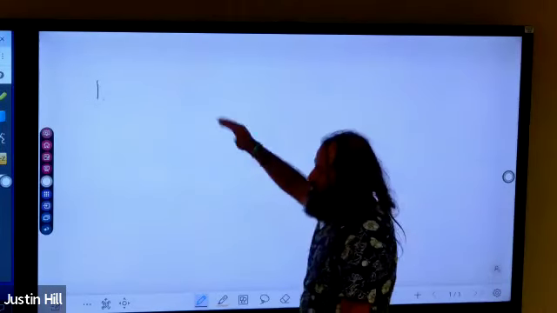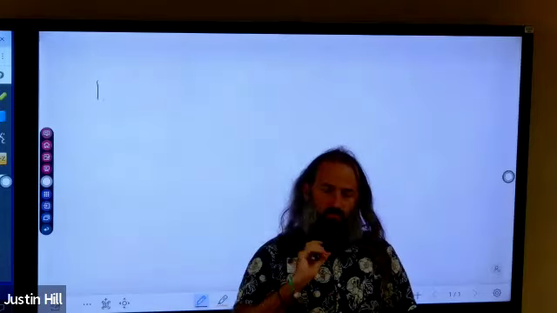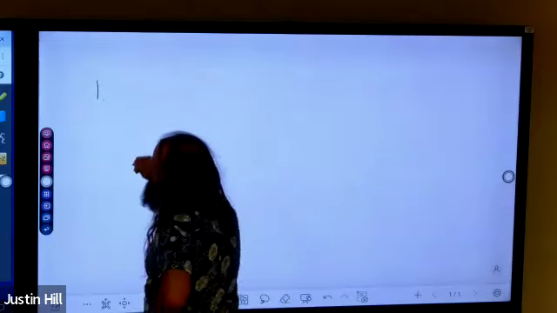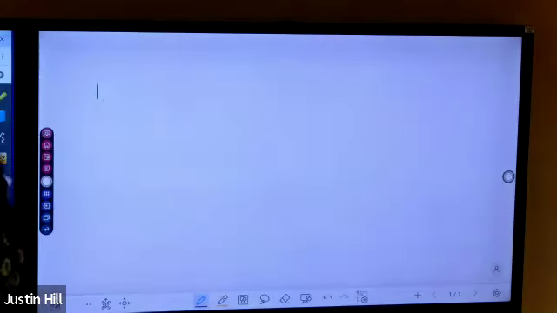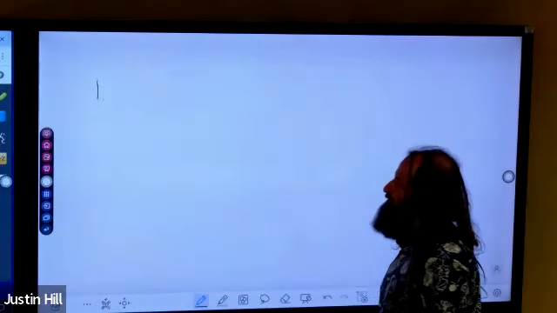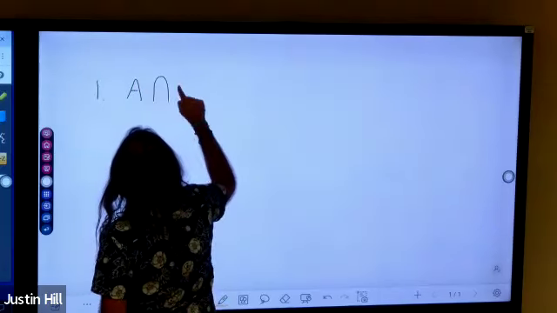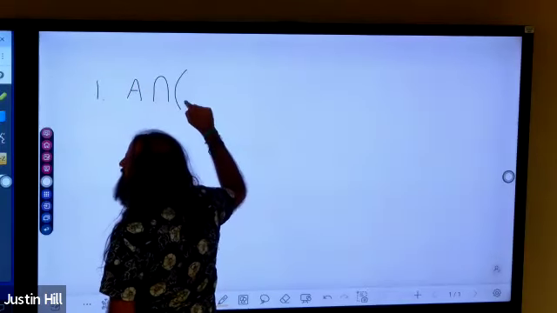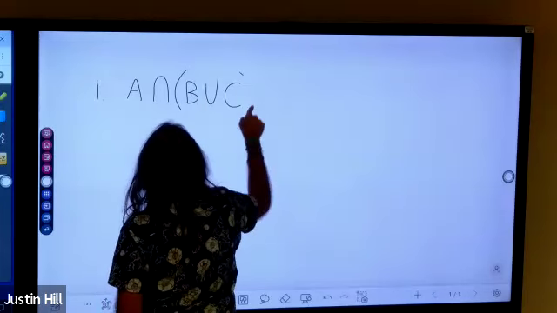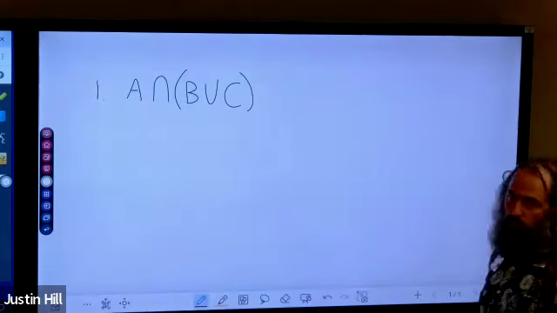So let's start by looking at the definitions we looked at in 6.1, now with general sets in 1, and then we'll get to some proofs. For 1A, to say that some element is in A intersect B union C, they wanted you to break that down.